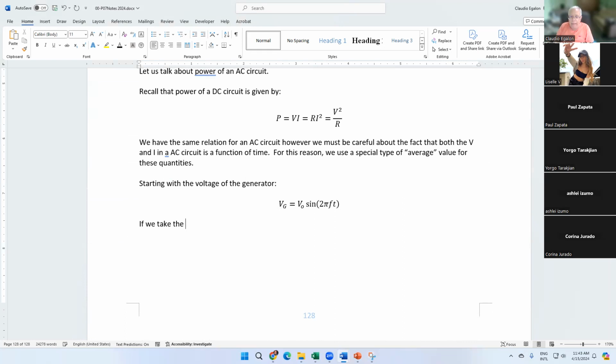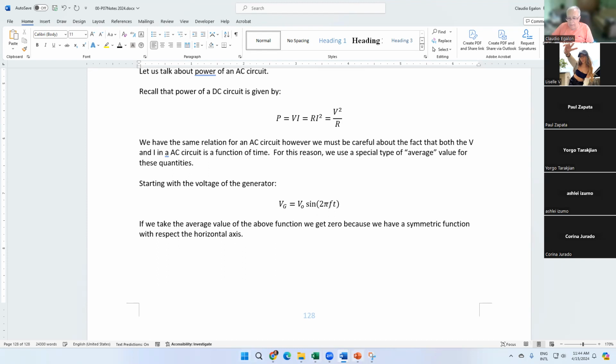If we take the average value of the above function, we get 0 because we have a symmetric function with respect to the horizontal axis, right?